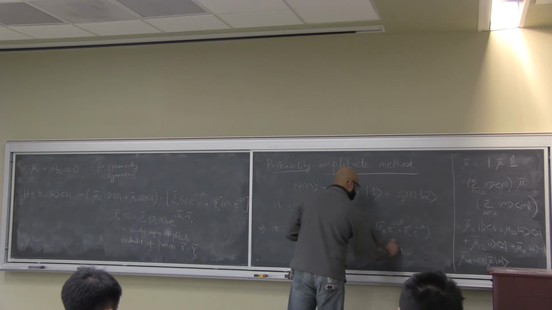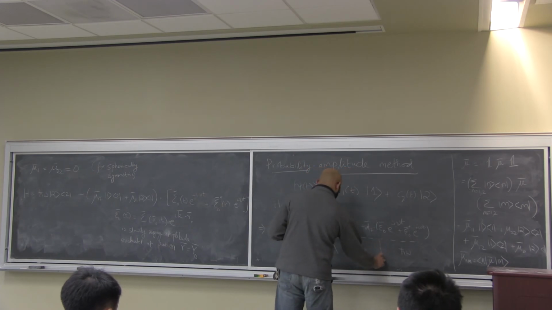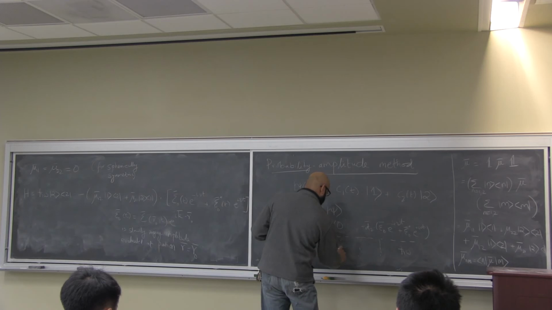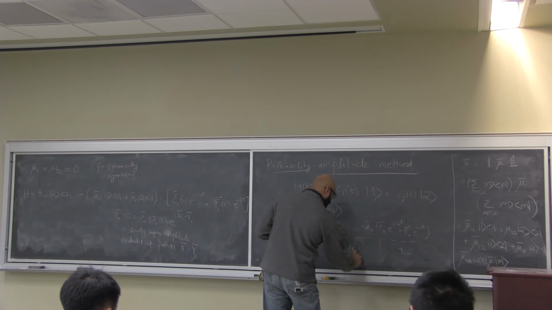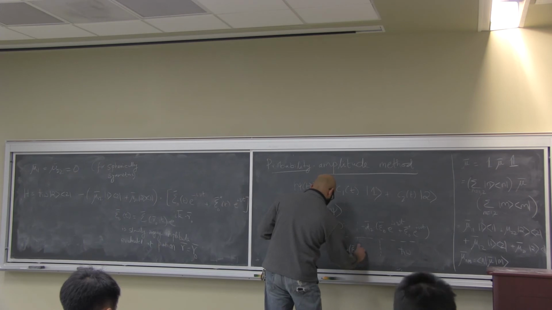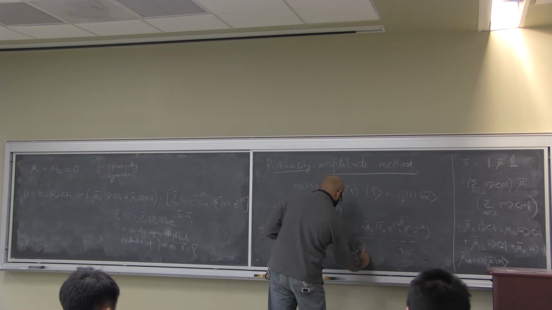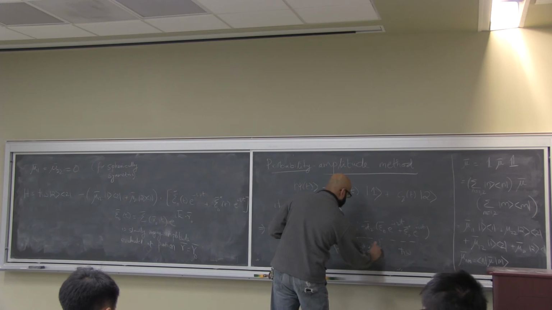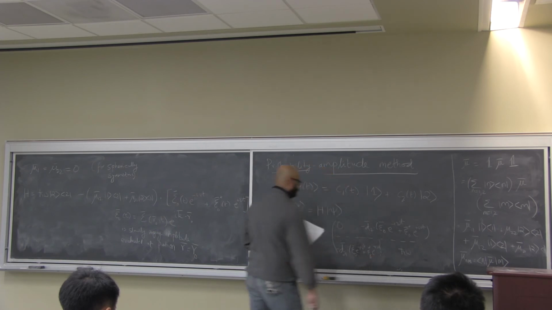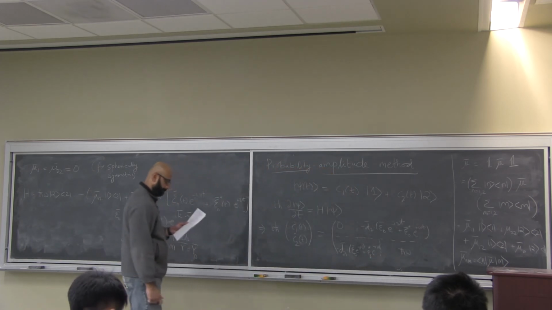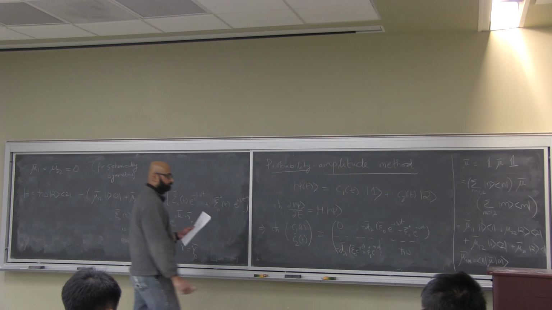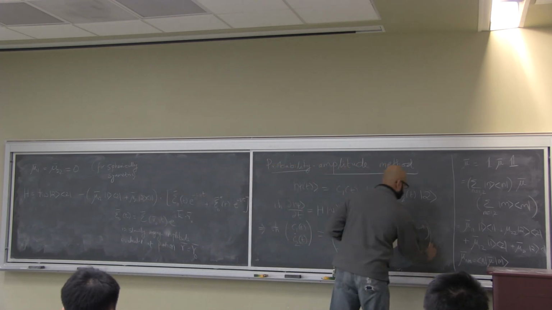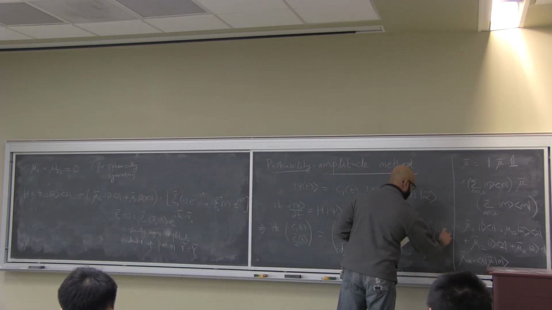And this term here is just the same as that one, except with d21 dot E naught e to the minus i nu t plus E naught star e to the plus i nu t, times C1 of t.